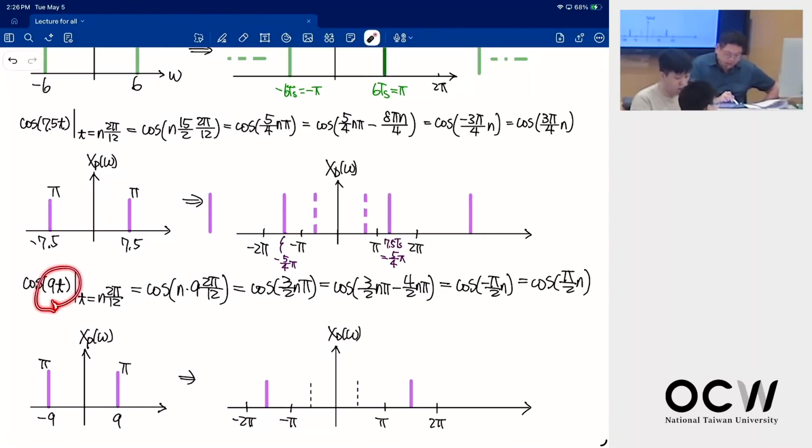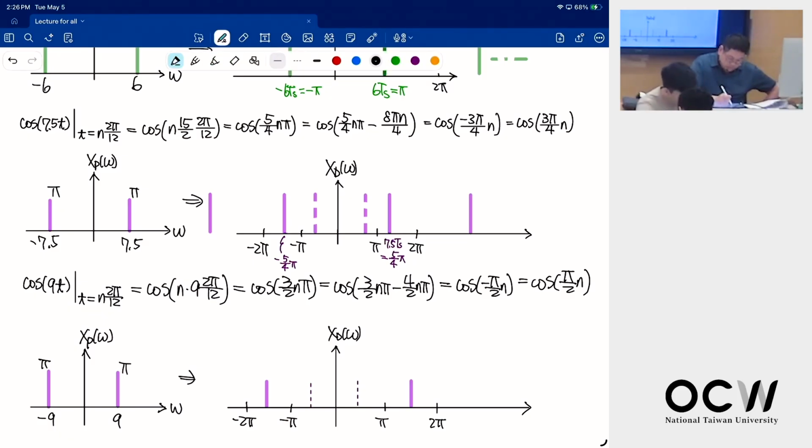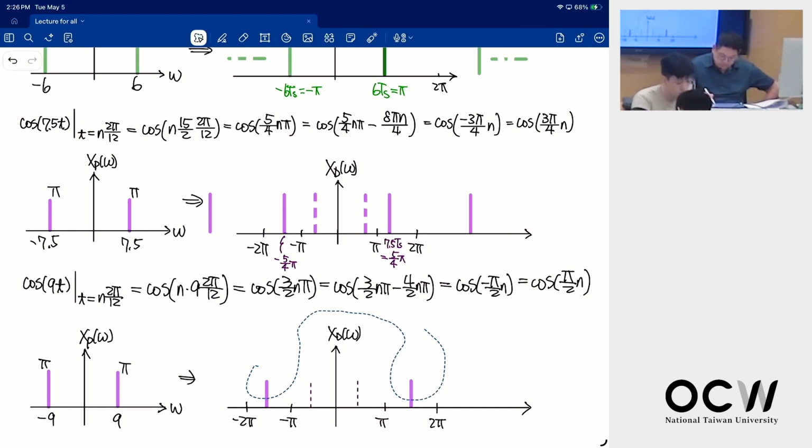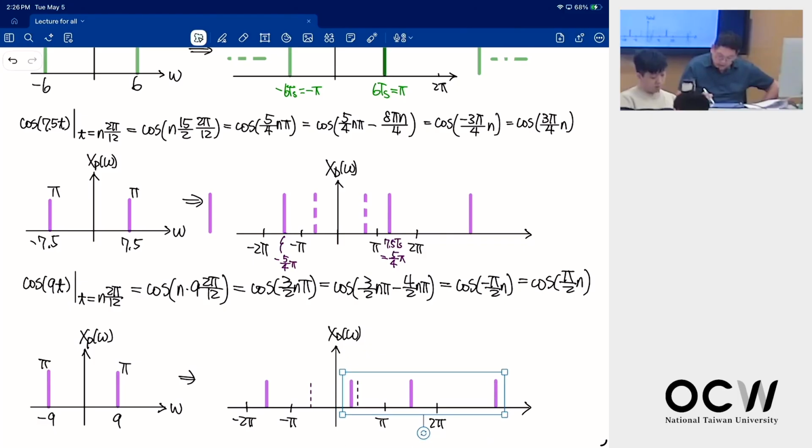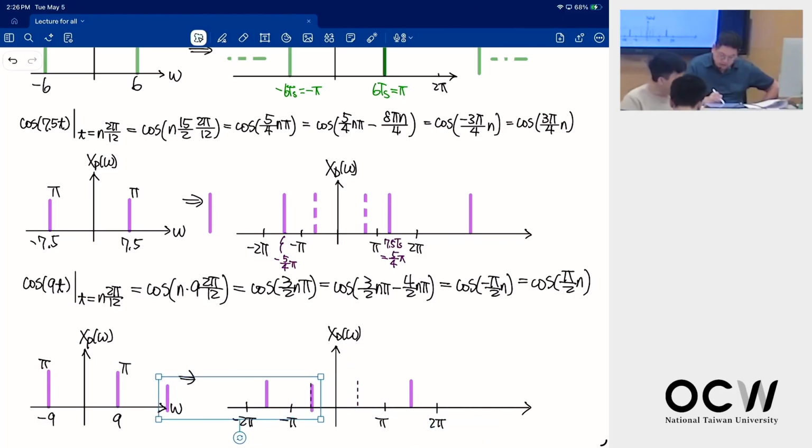Similarly for 9t, in frequency it should be 9 and minus 9, and we have a pi. But 9 times Ts should be 3 over 2 pi. Again, if you duplicate that at 2 pi, they will fit here and here.